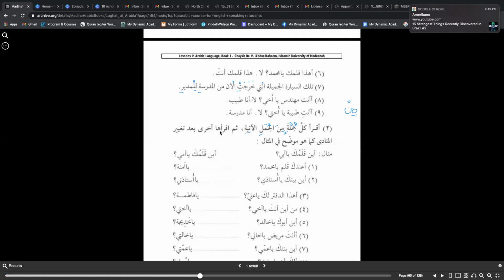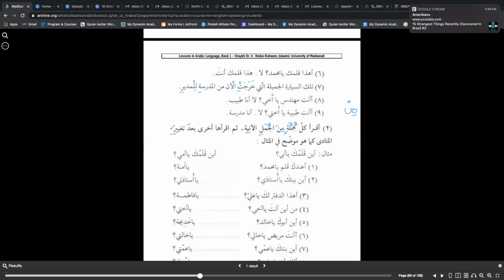ثم اقرأها أخرى, excuse me. Then read it again. بعد تغيير المنادى كما هو موضح في المثال. So أخرى is the feminine version of other, or another, and they're referring to another time. بعد, after, تغيير, and the word after بعد becomes majroor.